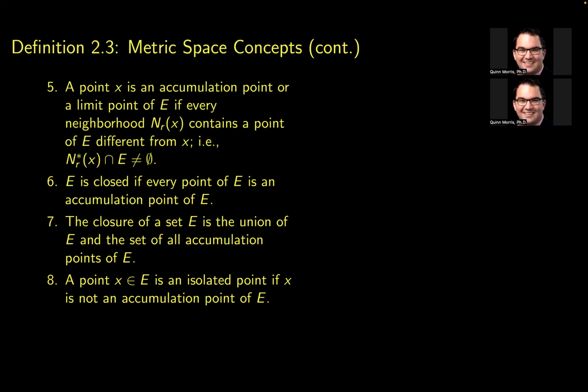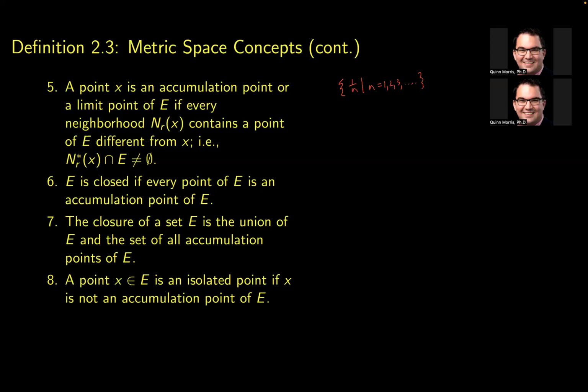All right. So let's look at an example here. Let's think about the set of numbers of the form 1 over n, such that n is equal to 1, 2, 3, and so on.